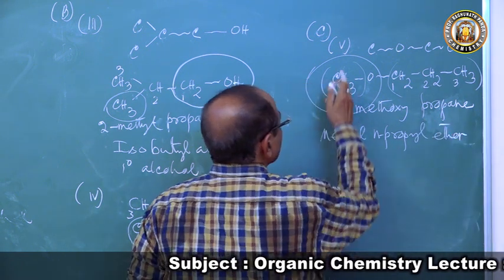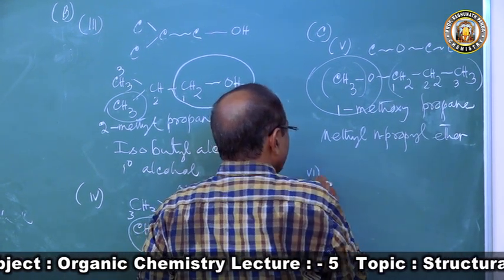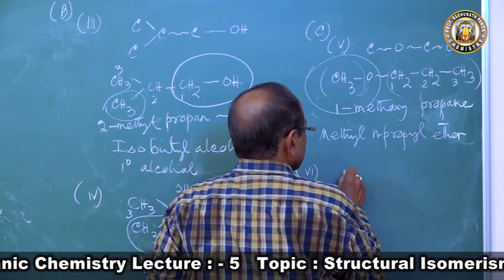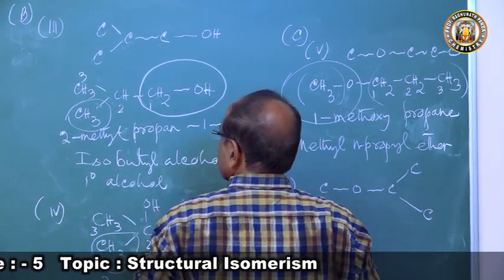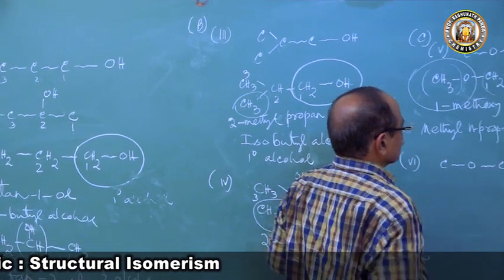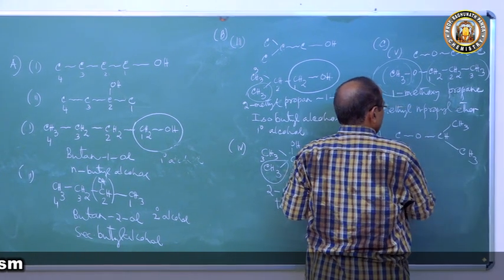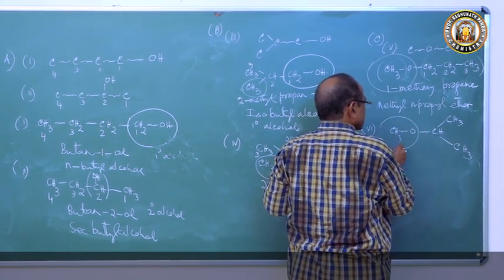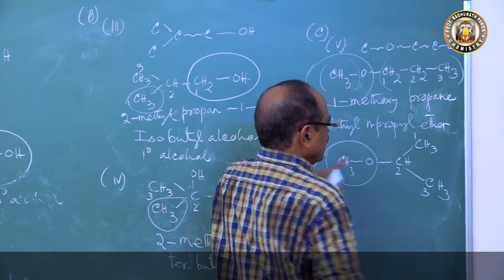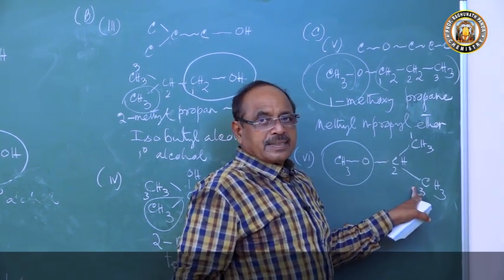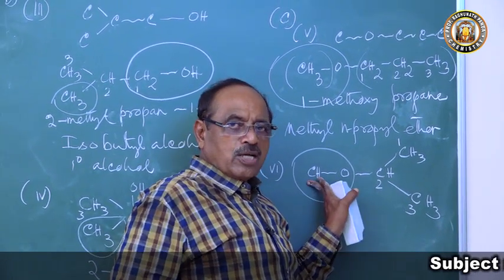Now we will shift the OCH3 to the second carbon atom. So we write CH3, CH, CH3 with the methoxy group bonded to the second carbon. These 3 carbon atoms are a derivative of propane, and the 2nd carbon atom is bonded to a methoxy group.